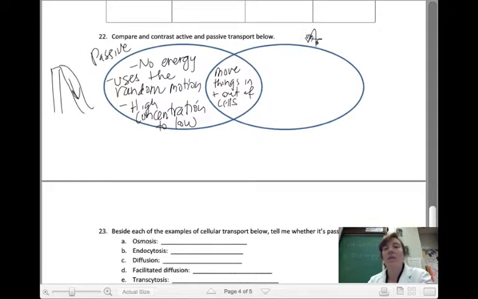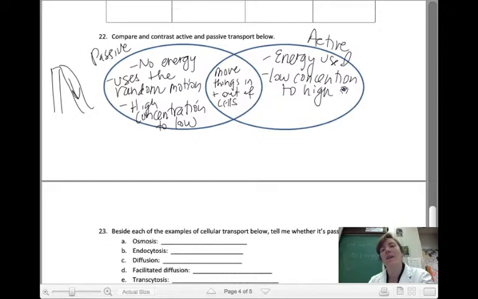And then active, we are using energy, and we are going from areas of low concentration and pushing molecules into areas where they are already high in concentration. And so with active transport, we have a couple different types of active transport, just like we have a couple different types of passive transport.